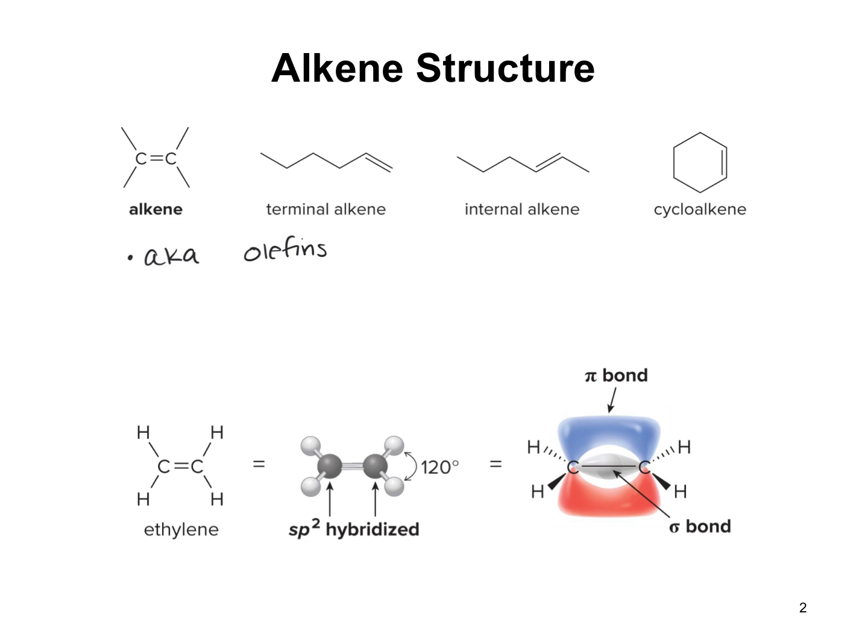I want to remind you that the double bond consists of a sigma bond and a pi bond, and each carbon is trigonal planar and sp2 hybridized, and the bond angle is approximately 120 degrees. Now, I also want to emphasize that the pi bond is much weaker than the sigma bond, right?